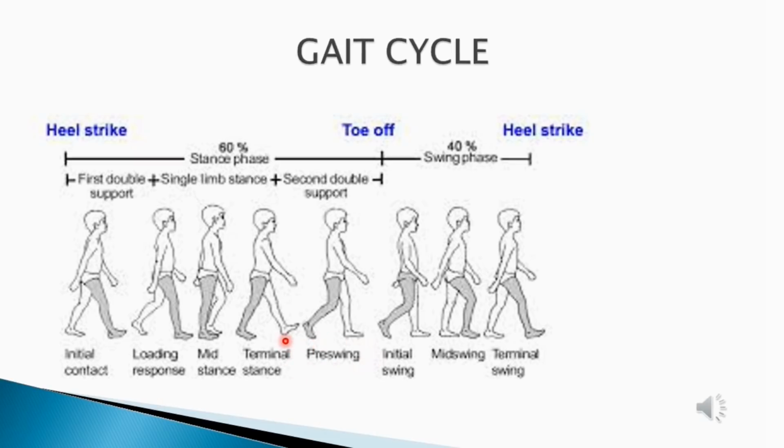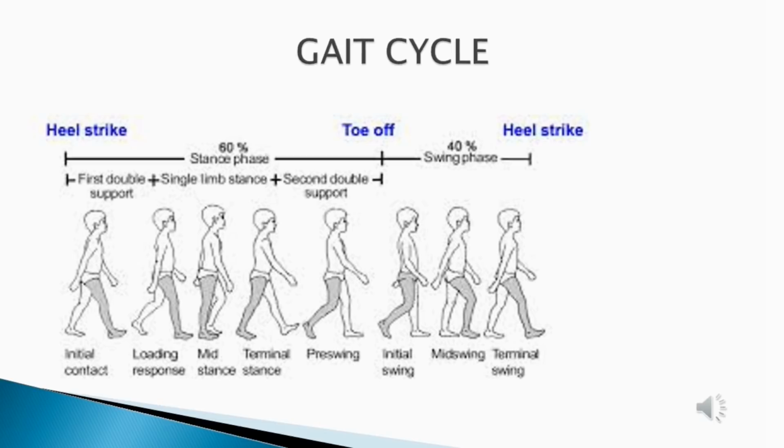So in the pre-swing phase of gait, other textbooks refer to this as final toe-off, because here we see the metatarsophalangeal joints in extension and the toe just getting ready to leave the ground and to terminate the weight-bearing phase of the stance phase of gait.